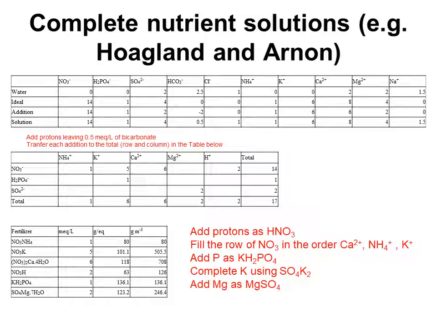Here it is marked as ideal: 14 milliequivalents per liter of nitrate, 1 of phosphate, 4 of sulfate, 0 of bicarbonate, 0 of chloride, 1 ammonium, 6 potassium, 8 calcium, 4 magnesium, and 0 sodium.